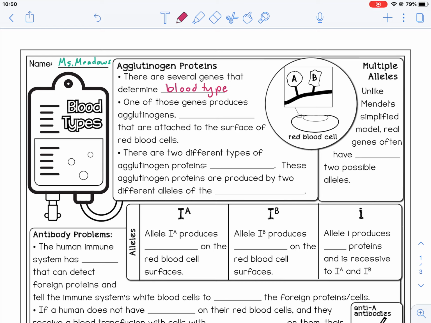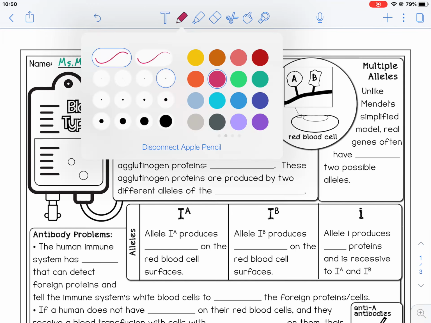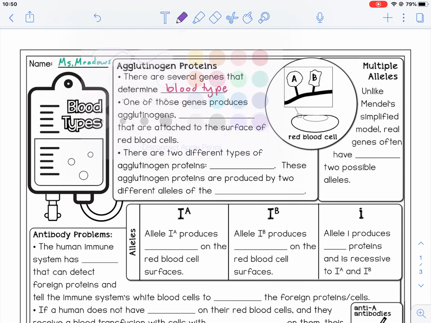One of those genes produces agglutinogens, which are antigen proteins. So we've talked about proteins before. These are just proteins that are attached to the surface of red blood cells.